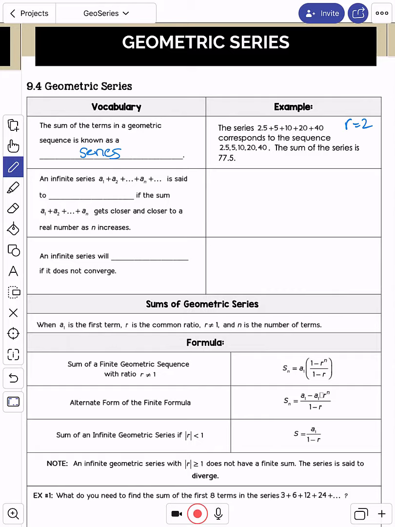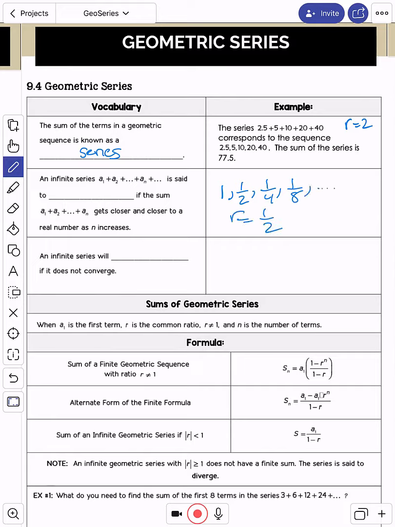And infinite series for geometric series, because you're actually multiplying instead of just adding, although it's actually true for some adding too. If what we're doing is multiplying by a number that gets ever smaller, so let's say our R is a half, then our sequence would be 1, 1/2, 1/4, 1/8, and so on and so forth.